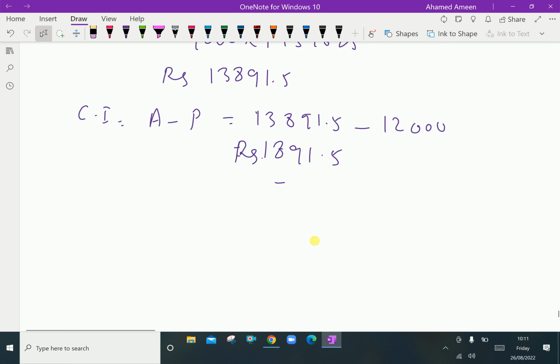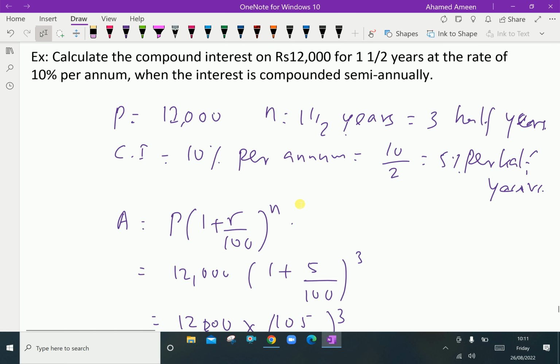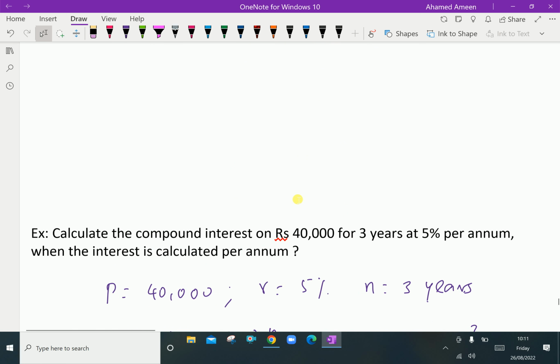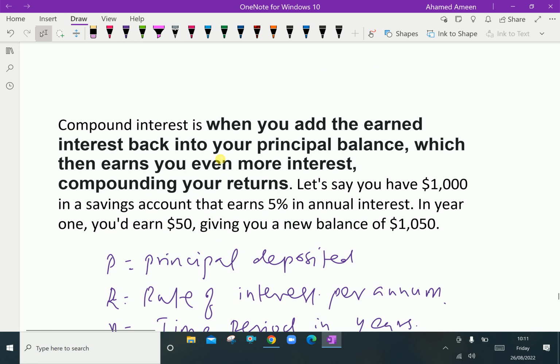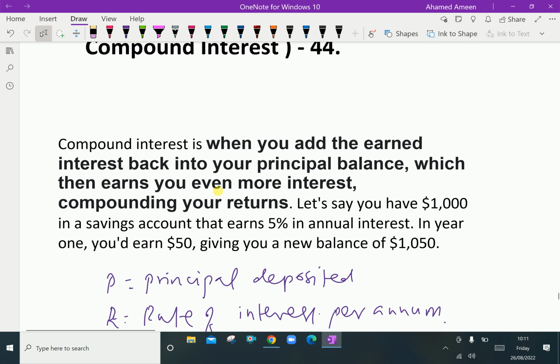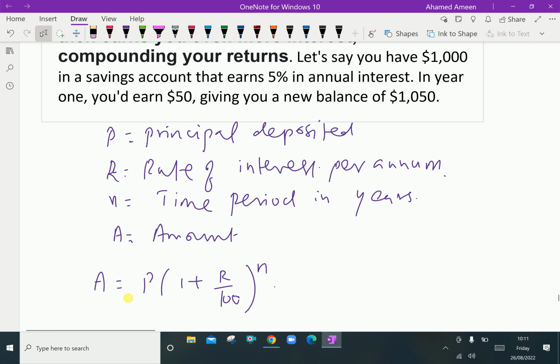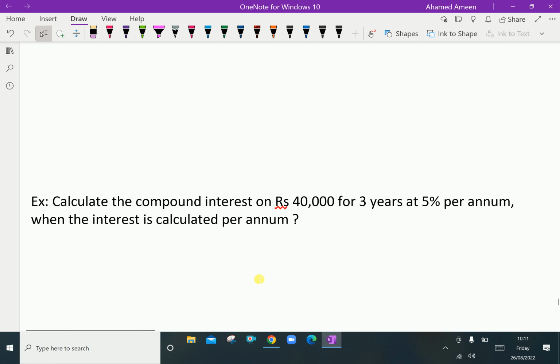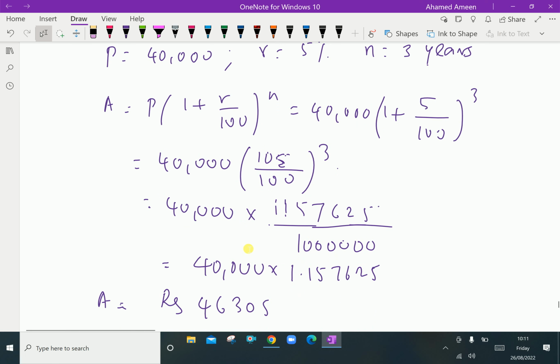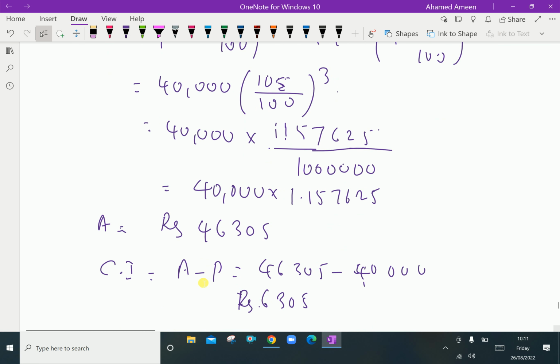So far we have discussed what compound interest is and its formula, A equals P into 1 plus R over 100, power n. Using this we solved some problems.